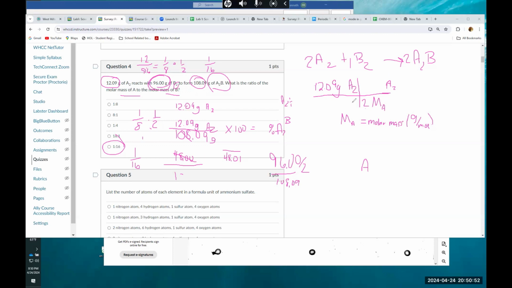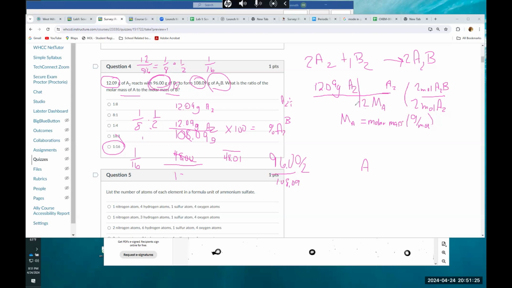Okay. Now, the thing is that for every 2 moles of A2, I'm going to end up with 2 moles of A2B, right?